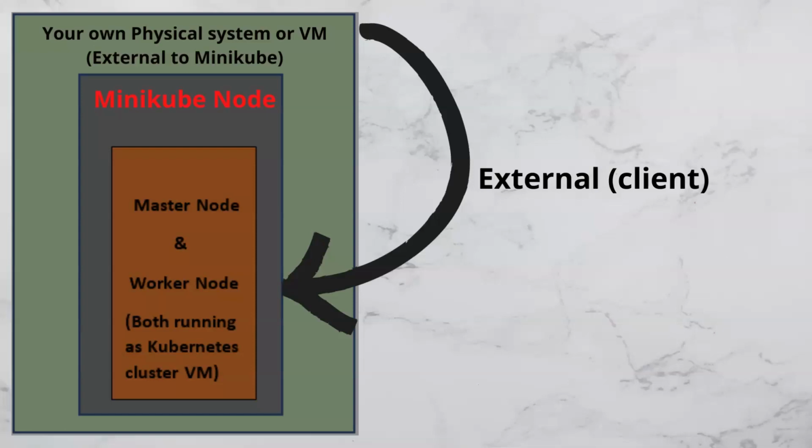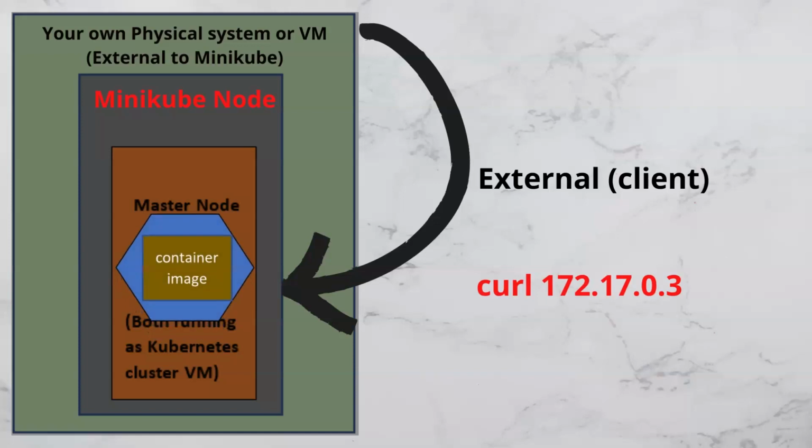And you should also know that it is on this same external node that our kubectl client was installed, so that we'll be able to interact with Kubernetes. Hence, if you run this curl command, you can never connect to the application because the application is deployed in another node, which is Minikube, that is different from your own VM or physical server.